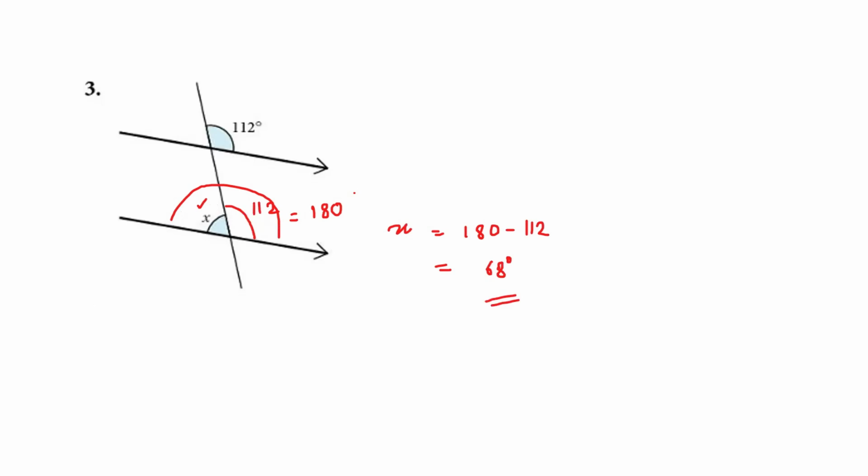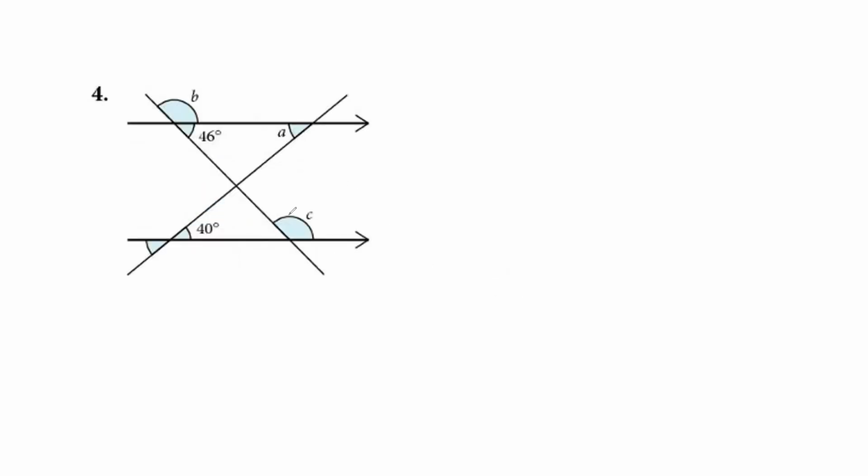And the next one, here we will see this one. These two are parallel. Here this is 46, so this also will be 46 because that is an alternate angle, right? A and B are equal.